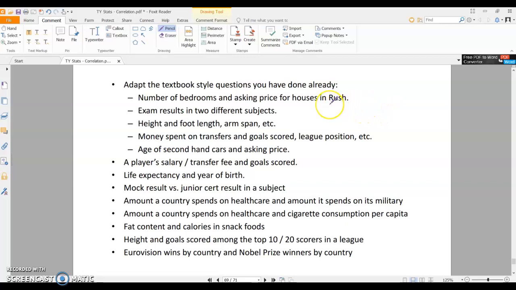Rather than doing that on some list that someone's made up, do that for Rush, or Lusk, or Luxury, or whatever. Go on to myhome.ie, go on to daft.ie, find 10 different houses for sale, check how many bedrooms they have, check their asking price. It will be bedrooms on the x-axis, asking price on the y-axis, and do your scatter plot.